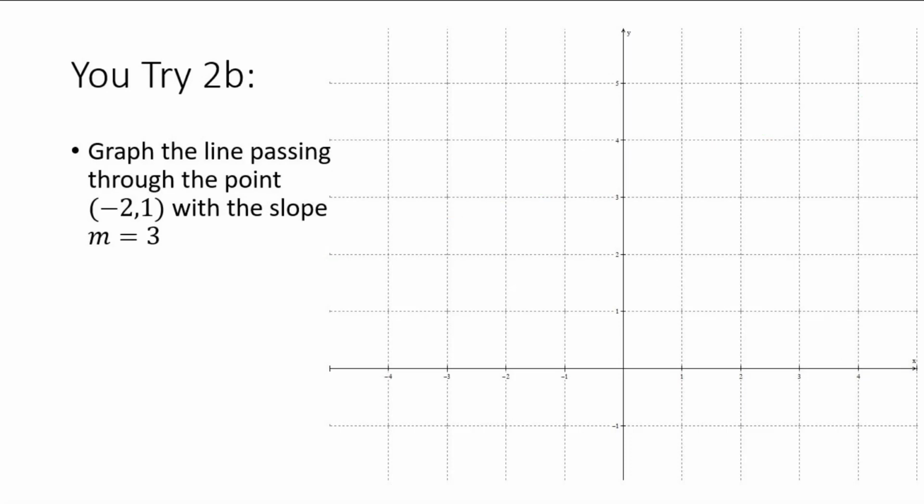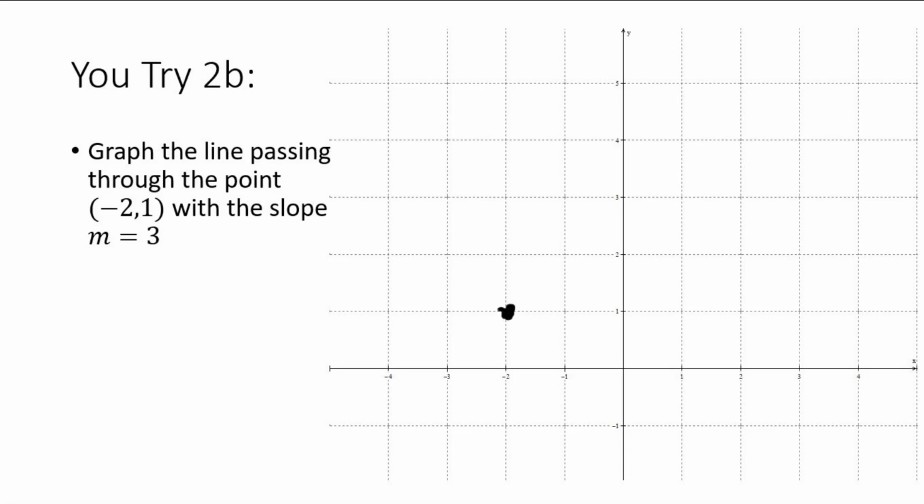Very nice. Let's look at the next one. Go ahead and pause the video and try it out on your own. Now that you've had a chance to do that, let's try it together. So we want to graph the line passing through the point negative 2, positive 1. So negative 2 in our x direction, 1 in our y direction, which is right here.